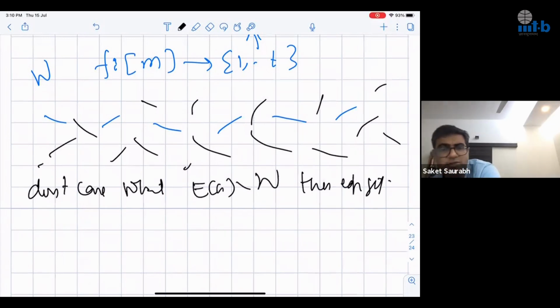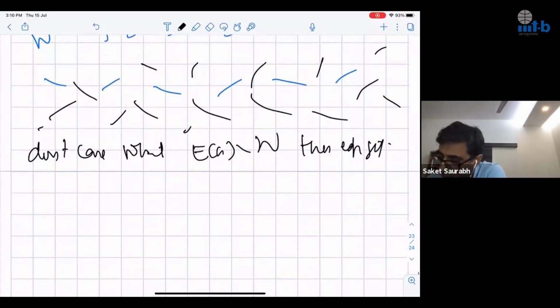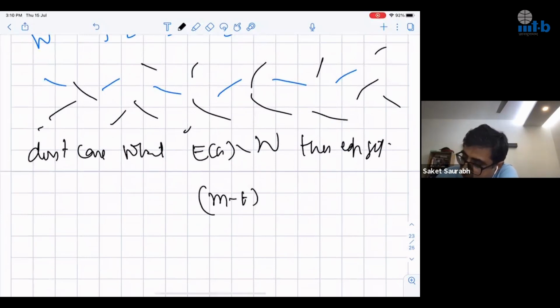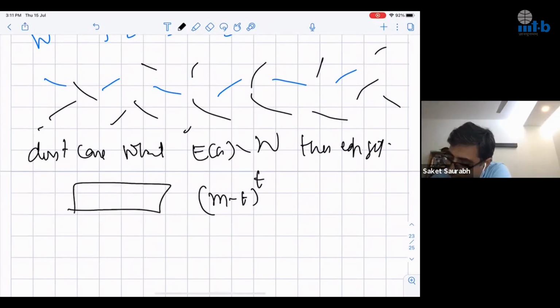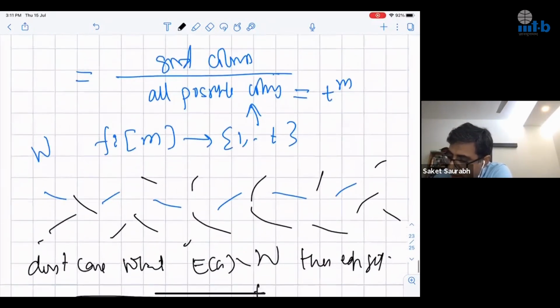How many such edges are there? M minus T. I'm fine if they get any of the T colors. But what about these T edges of W?